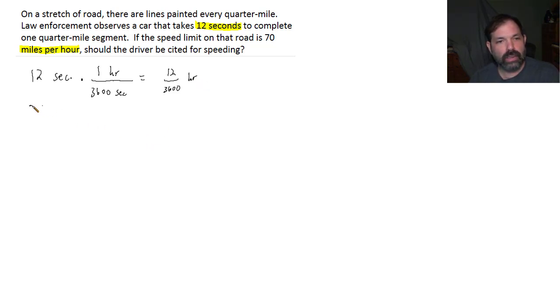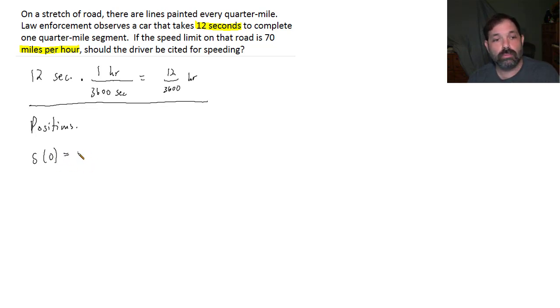All right, now let's think about this a little bit more. Let's think about an initial position and a final position. Here's what I know. Let's think about the position function. I know that s of 0, if we think of s as the position function, let's say that s of 0 was 0.